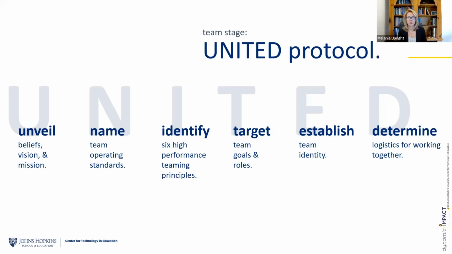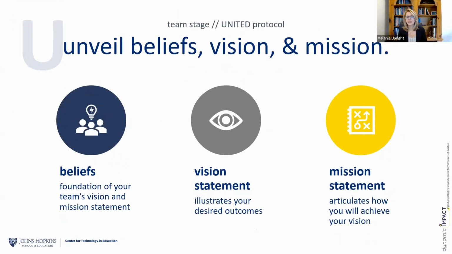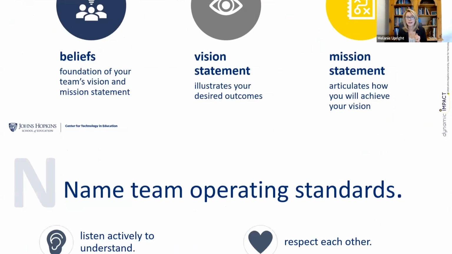Each letter in the protocol prompts the team members to take a critical step towards becoming a smoothly functioning team. So U is unveiling beliefs, vision, and mission. We give them time to come together around their beliefs, to have that shared vision and mission. It's critical.